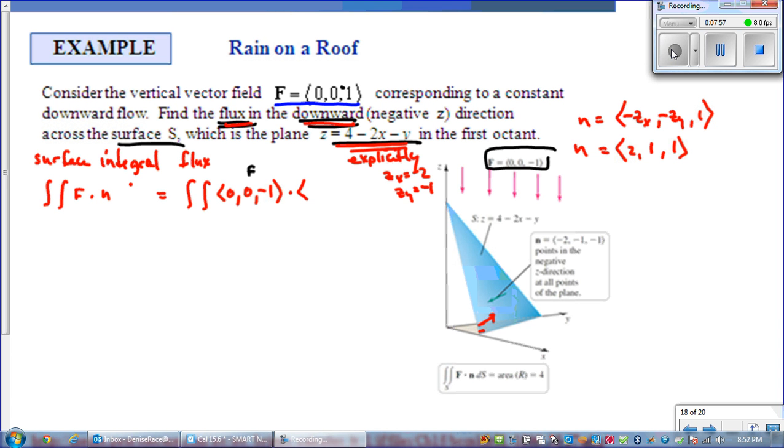So at every point, the surface here is not closed, so there is going to be a vector that's normal pointing upward and a vector that's pointing downward. So to find the downward vector, we will use negative 2, negative 1, negative 1.